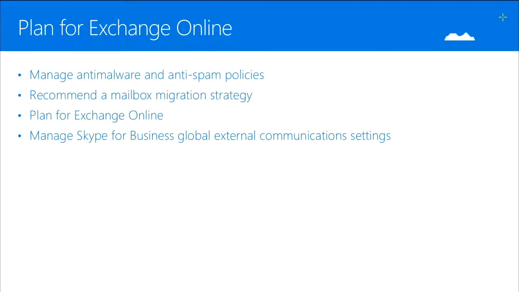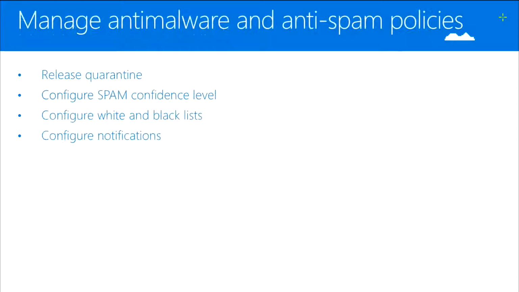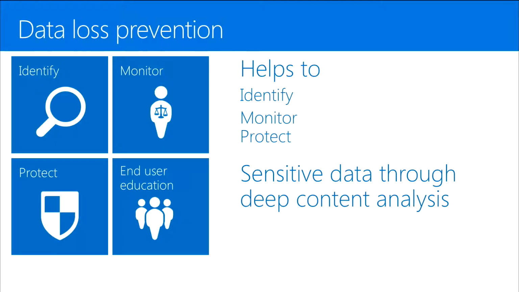Also things like Skype for Business, which I'll come back to in a second. So when we talk about spam and anti-spyware, anti-spam policies, of course, we're really talking about data loss prevention, and also obviously you don't want to get viruses within your environment.